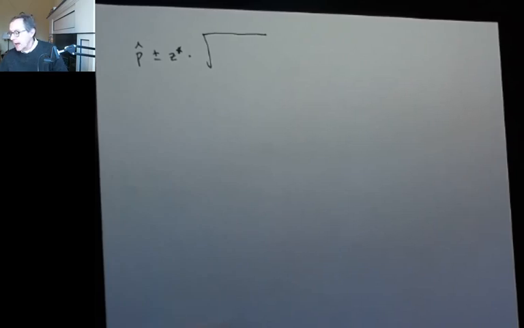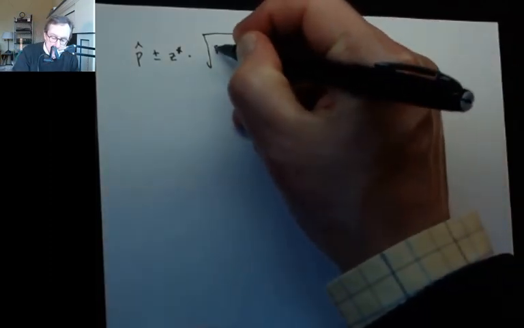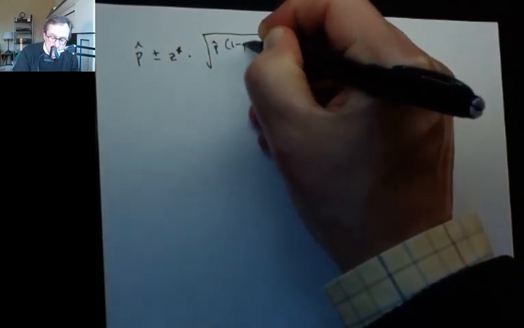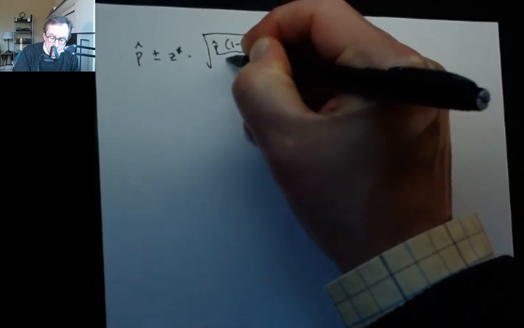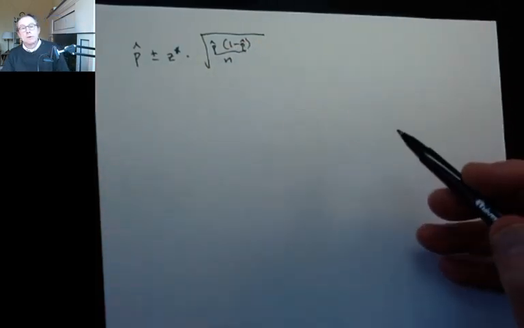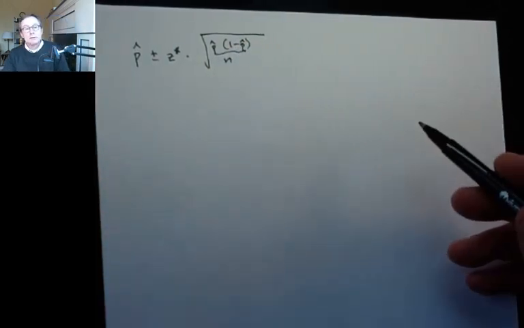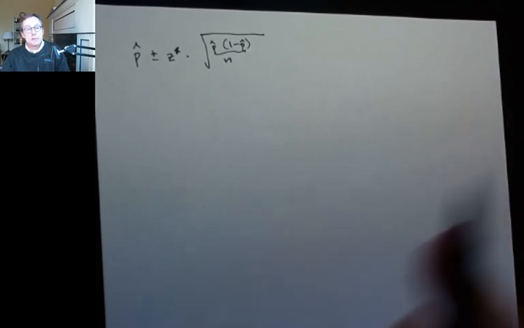It says P hat times 1 minus P hat over N, and so then a person says, aha, it's P hat, 1 minus P hat over N. And of course, all of our quizzes, all of our work in the remainder of the semester is going to be open book and open notes. So if you have that page marked, you're in good shape.